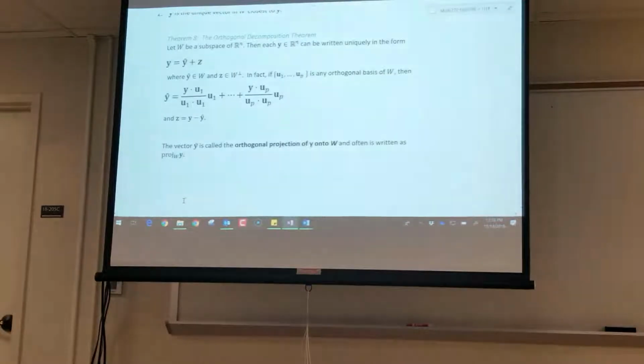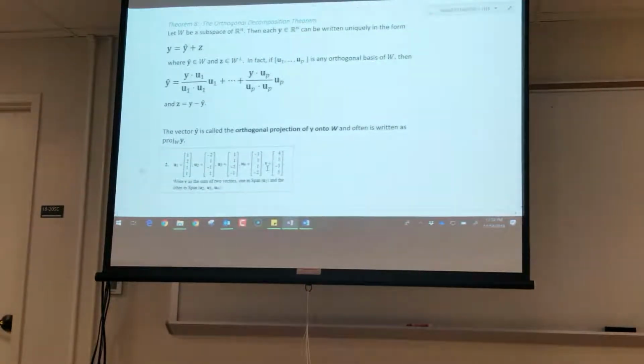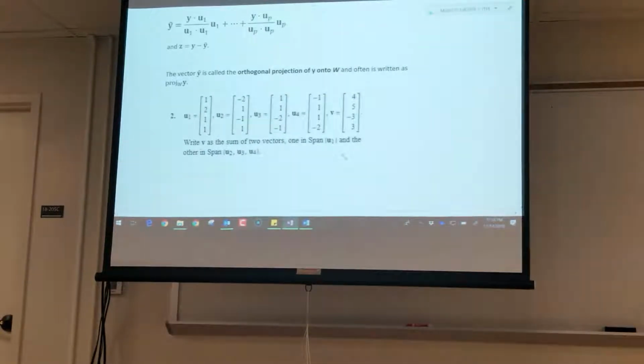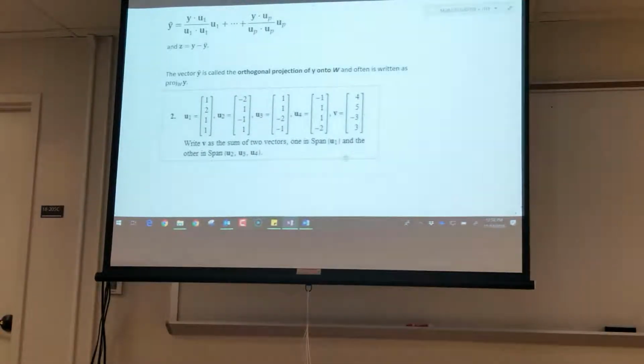Let's say we're in R4, can't visualize this. Let's say that u1, u2, u3, and u4 are a basis for R4, which means they're linearly independent, and they also happen to be orthogonal. So that is a special scenario where you actually have an orthogonal set.